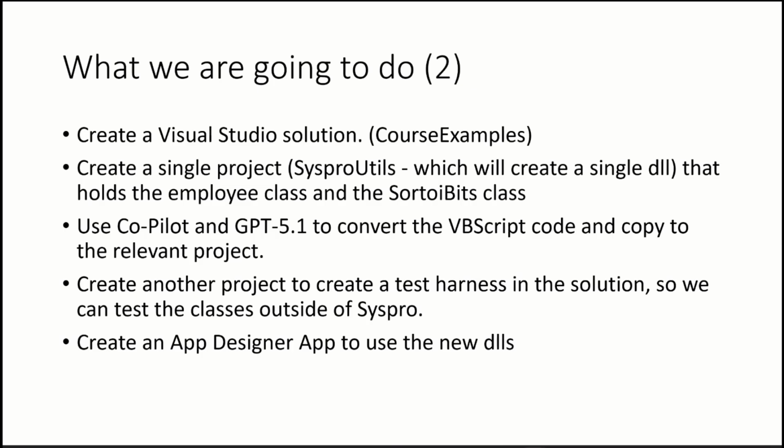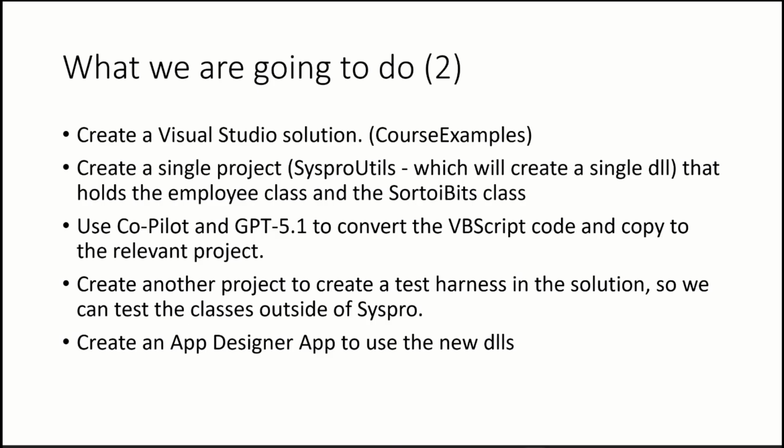Remember that licensing of these products, because they're Microsoft ones, not Syspro ones, is your responsibility, not Syspro's. So we're going to be creating a single project called Syspro Utils, which will create a single DLL. And it's going to hold the employee class and something I'm calling sortoi bits. And we may add a couple more extra classes.